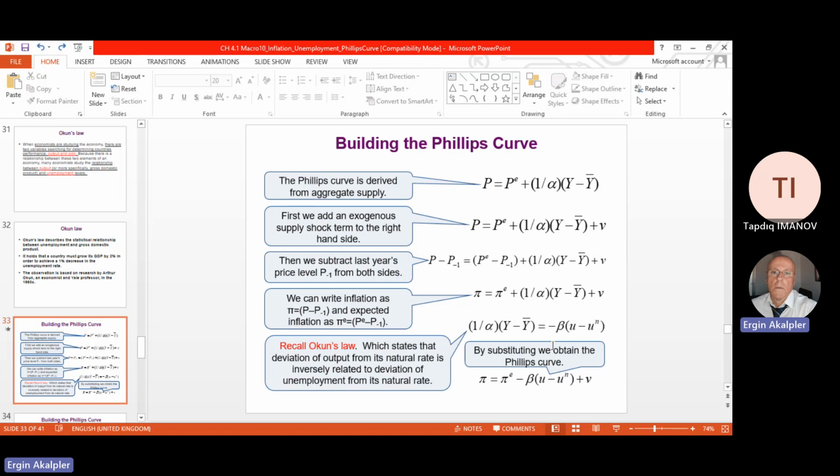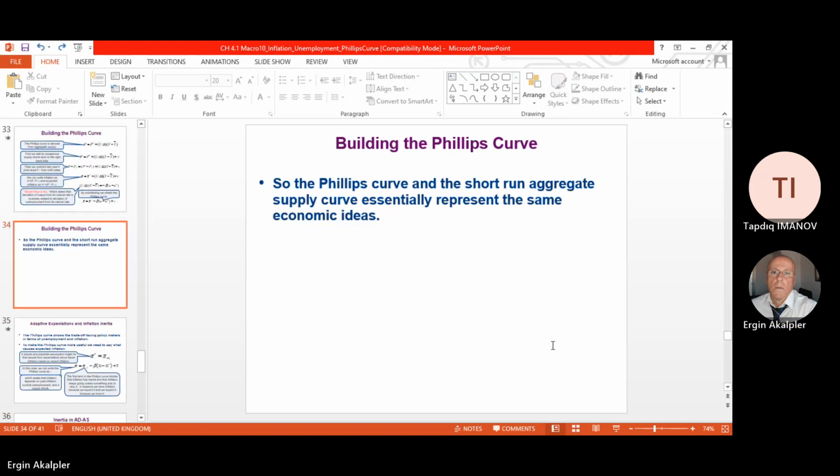This equation gives us inflation represented in terms of unemployment. As you know, the Phillips curve relates inflation and unemployment, and this curve summarizes and represents inflation with the parameters of unemployment.